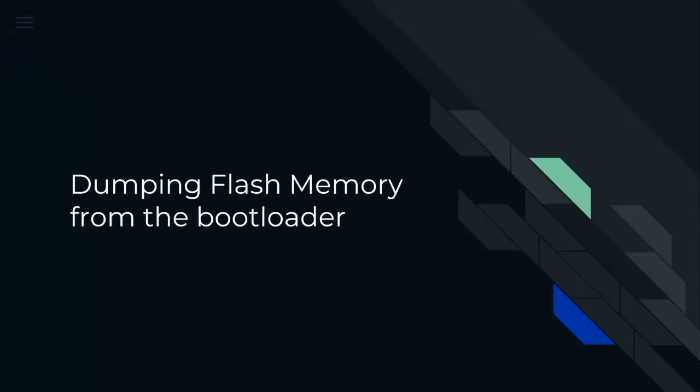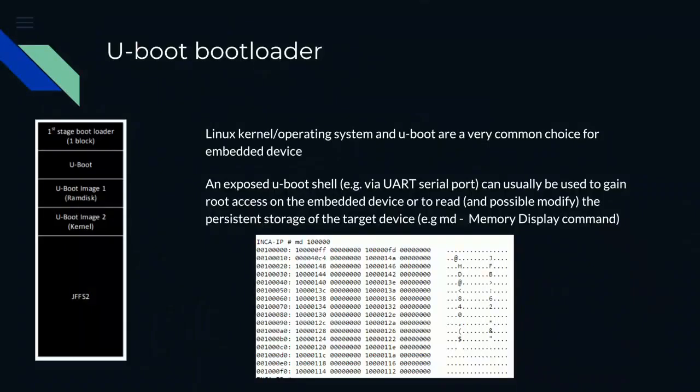Dumping flash memory from the bootloader. A lot of embedded devices are going to run Linux on the device itself and use U-Boot as the bootloader. On the left I have a layout of a flash device that's common on Linux devices.